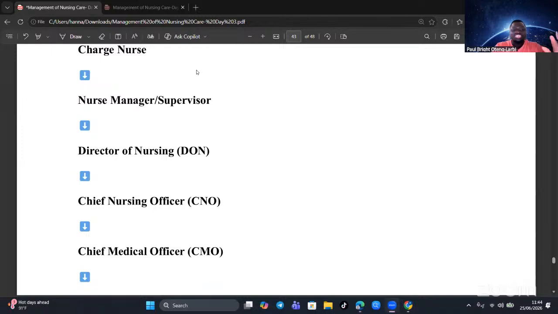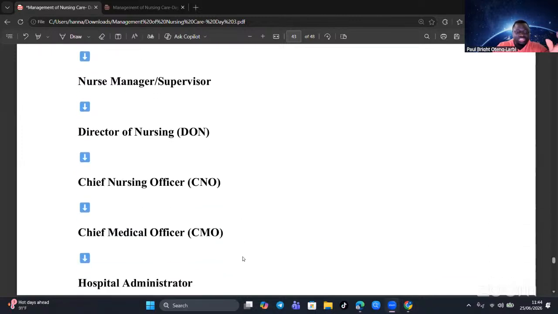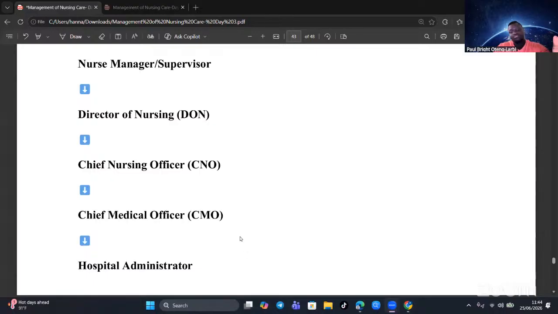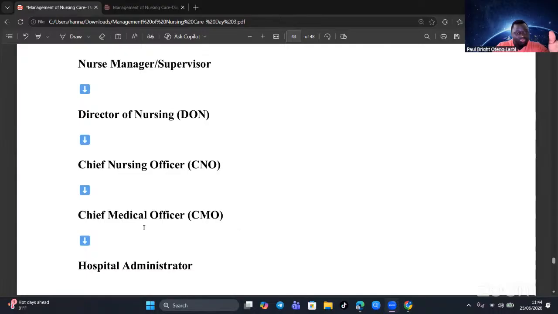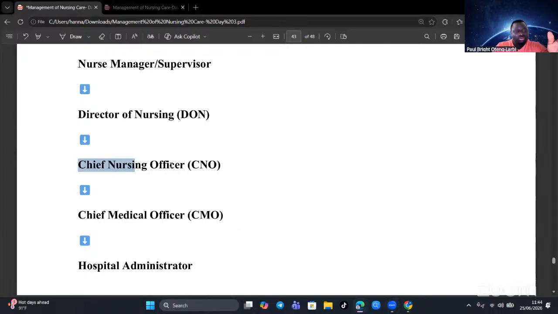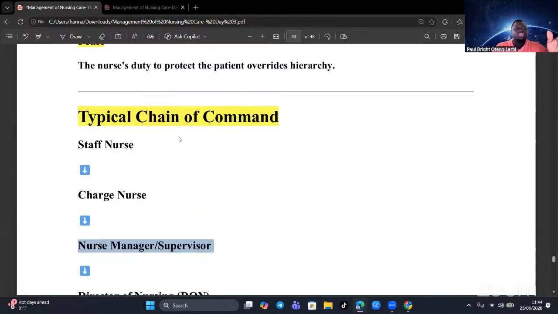So all these nursing staff should be on duty within the week. On weekends, this one will come, this one will not come. The director will be off. The nurse manager will be off. So it will be left with the charge nurse and the staff nurse.